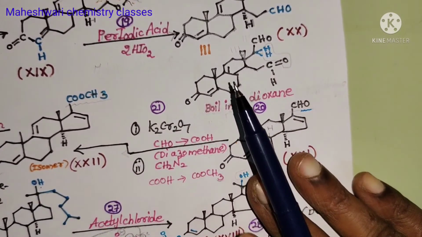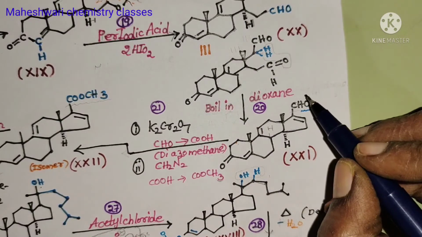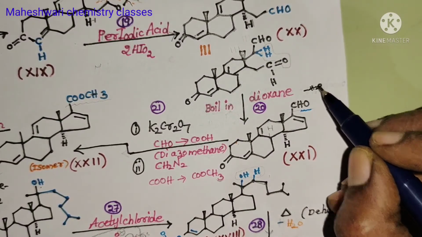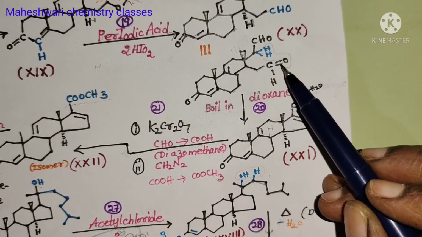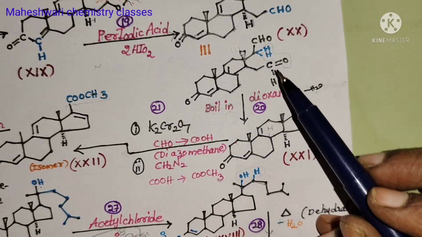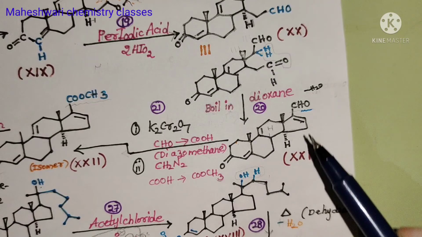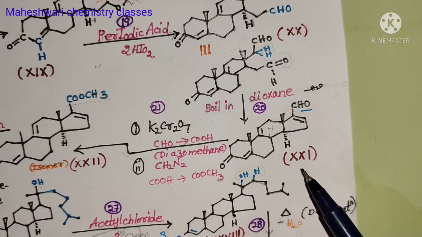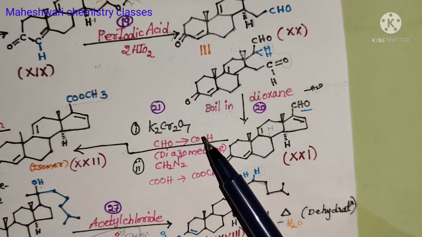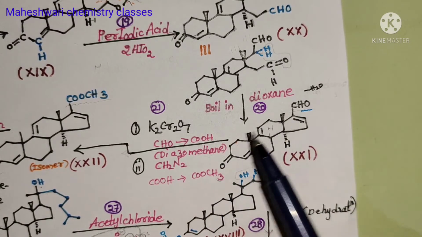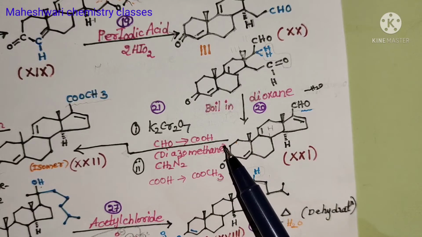When we boil in dioxane, at that time water is eliminated and cyclization is formed like this. So here a double bond is there, that is why here 1 pi bond is there. Next CHO group, same CHO. This is our compound number 21. Later it reacts with potassium dichromate, at that time CHO is converted to COOH.